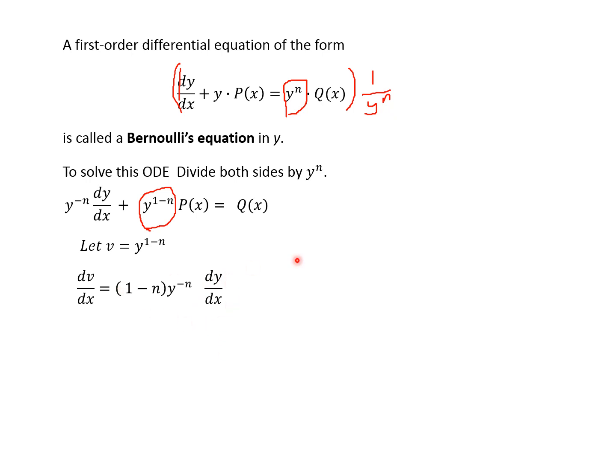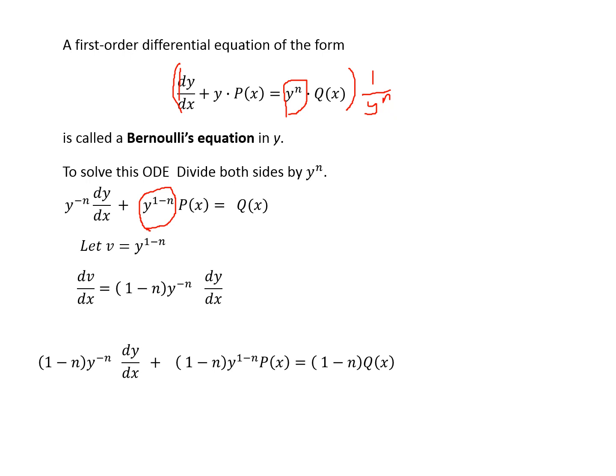Notice that we can multiply the left and right sides of this equation by (1 - n) in order for the terms to be similar. So there is (1 - n) there, then (1 - n) y^(1-n) p(x), and then (1 - n) q(x).